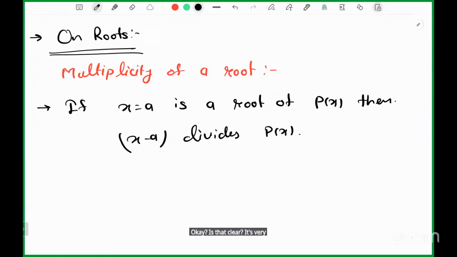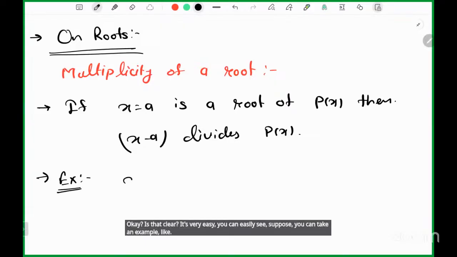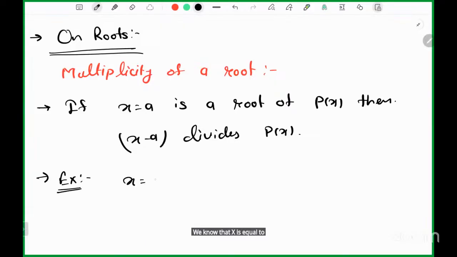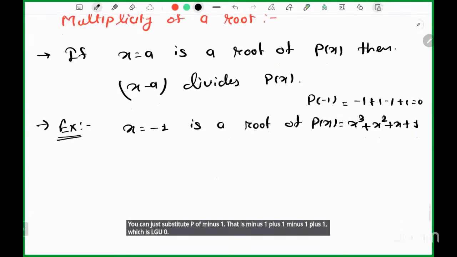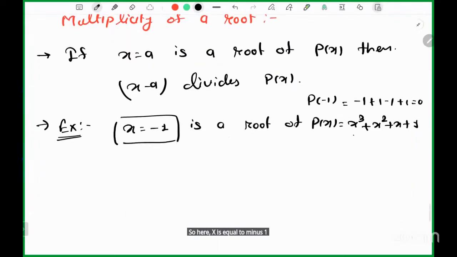You can easily see it. Suppose you take an example: we know that x equals minus 1 is a root of p of x equals x cube plus x square plus x plus 1, right? You can just substitute p of minus 1. That is minus 1 plus 1 minus 1 plus 1, which will give you 0. So here x equals minus 1 is the root of this polynomial, and you can easily divide.